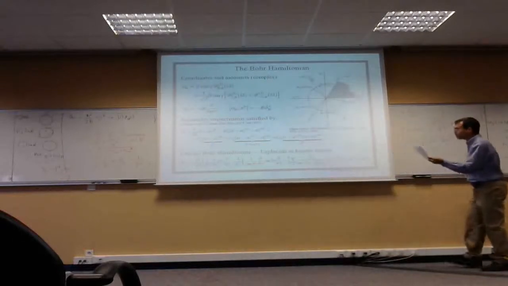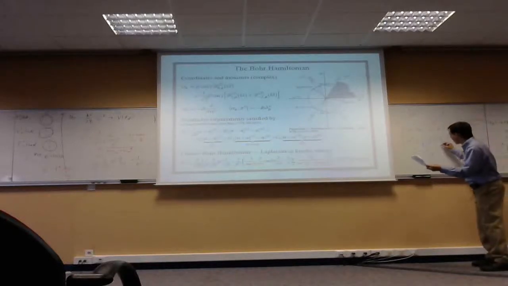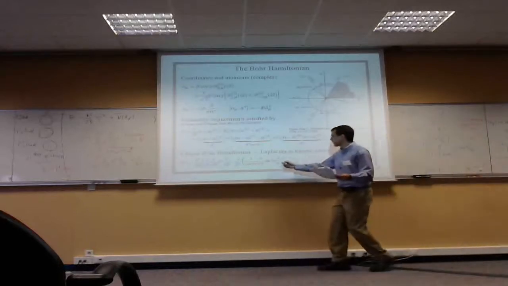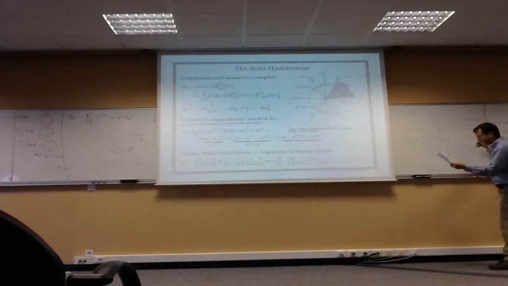Do I have a minus sign missing? I may have a minus sign thrown in for fun. I'm not sure what's going on. Okay, 1 over sine theta, derivative with respect to theta, sine theta d/d theta, which is very much of the form of gamma here, which is sort of the first angle we've taken out of our set of angles, and then plus 1 over sine squared theta, second derivative with respect to phi.